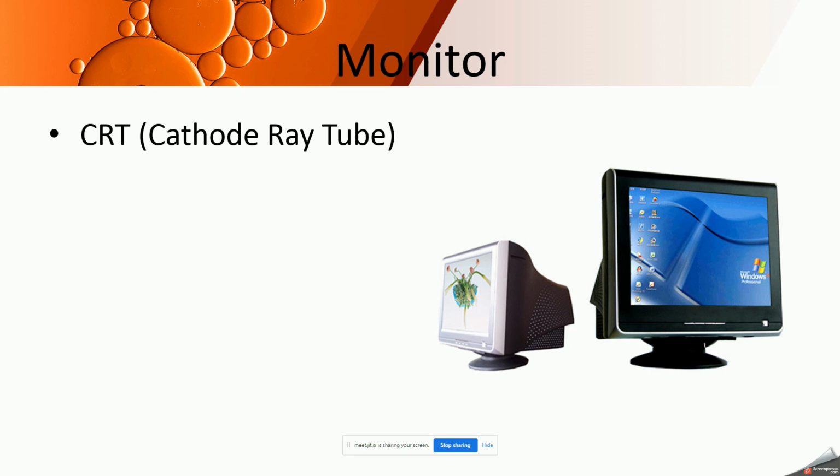The electron guns, they fire electrons, and those electrons, they hit the pixels, that is certain colored points on the screen. The screen is actually made up of phosphor dots, which are actually light sensitive. So wherever the electron beams hit on the screen, that particular area will be illuminated.